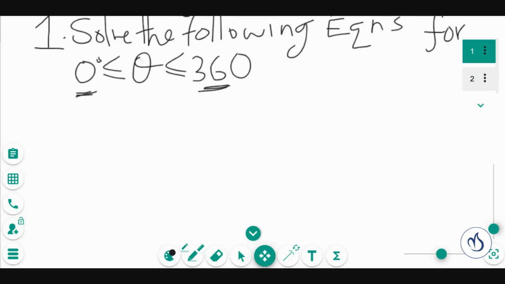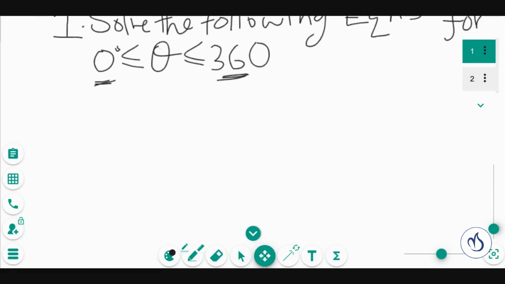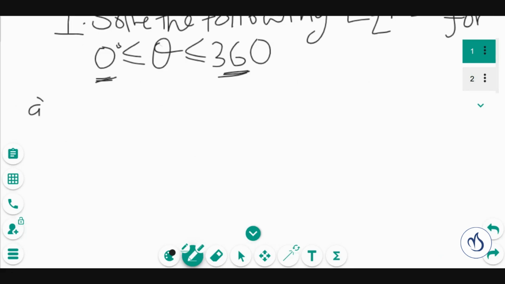Okay. The first equation we are to solve, we have been told that the sine of our angle theta is negative a half, and so we are needed to find the values of theta. Now to find theta in such an equation, if we have sine, we always introduce what we call the sine inverse.